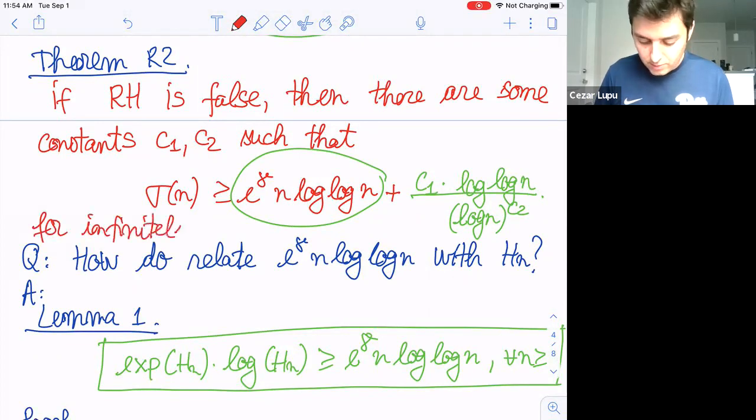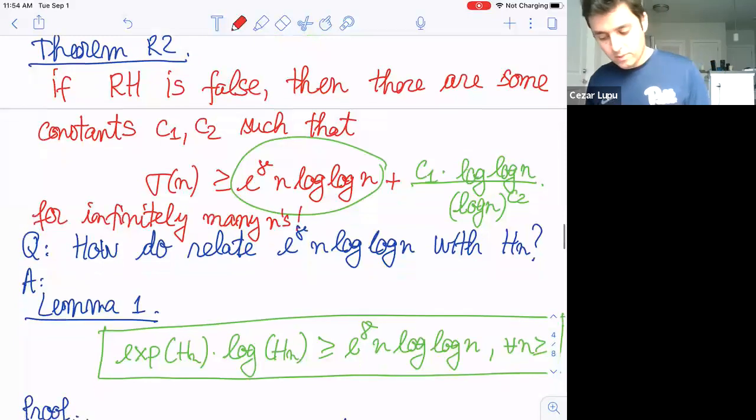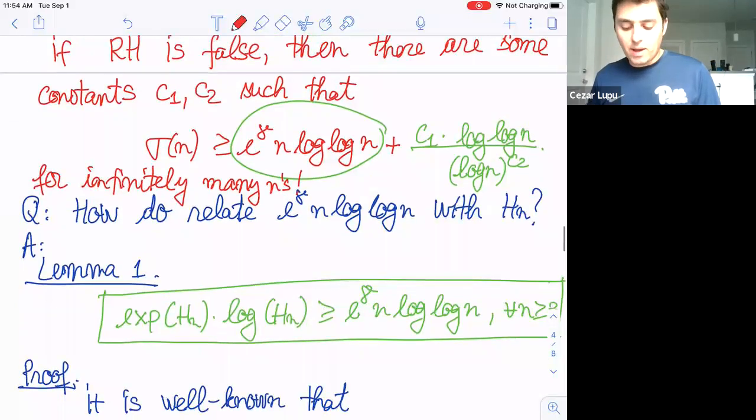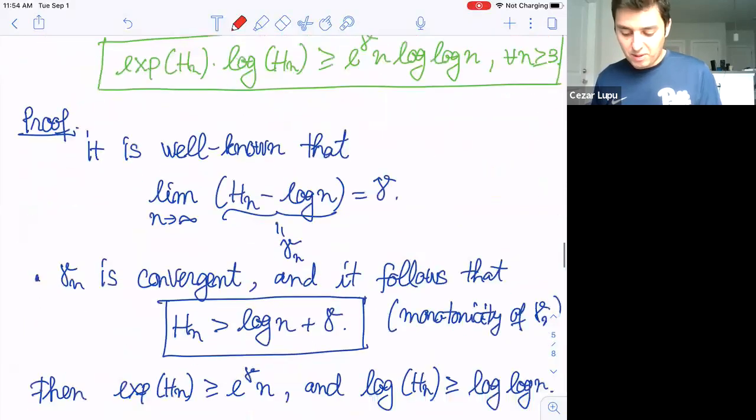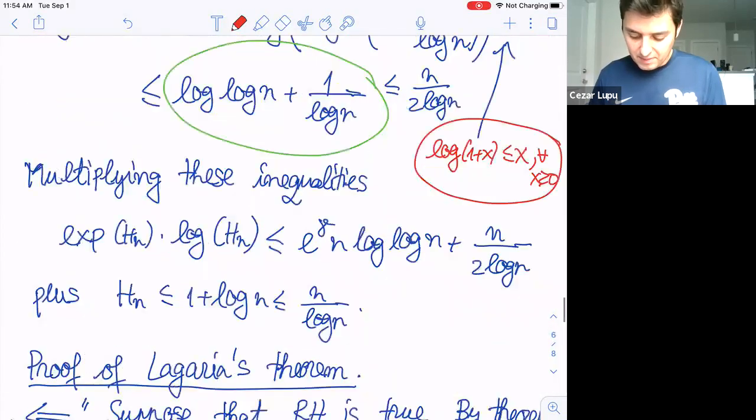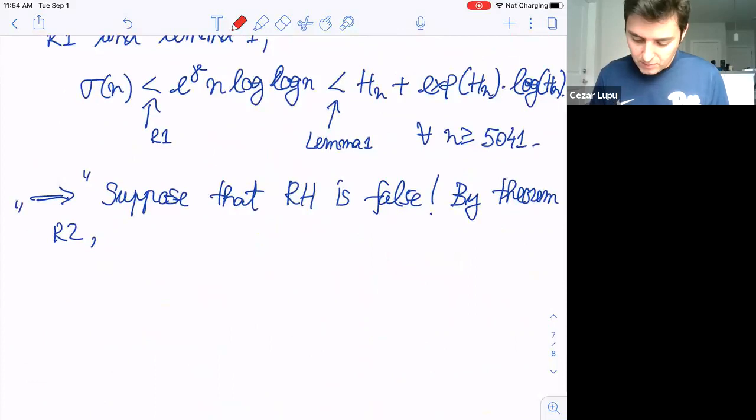I forgot to say this, and it is very important. If the Riemann hypothesis is false, then this estimate will contradict, by theorem 2.